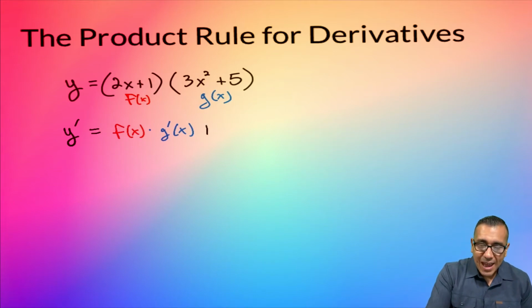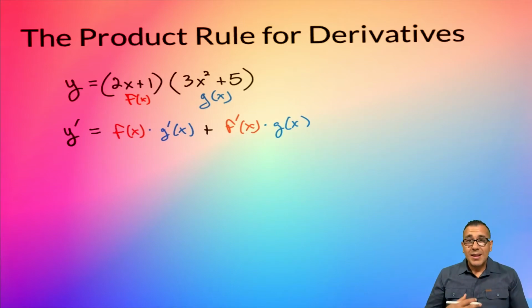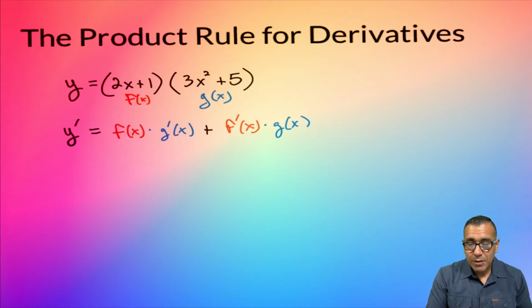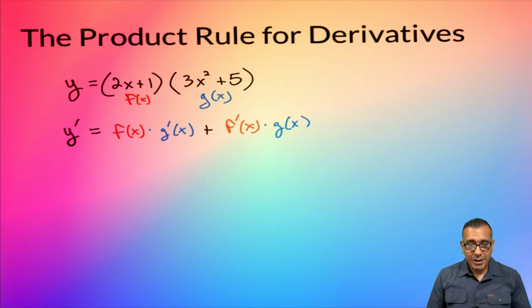Then you add the derivative of the first function times the original second function. So it's f times g prime plus f prime times g. And again, we could have said f prime times g plus f times g prime.